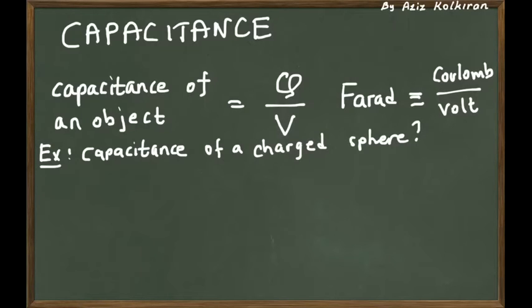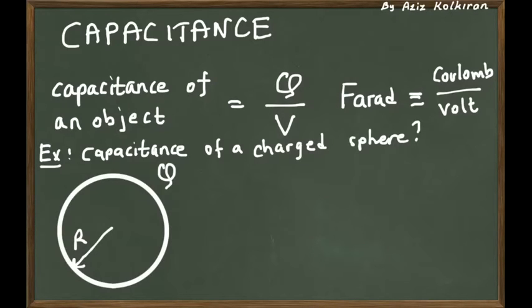Let me calculate then the capacitance of a charged sphere. What is the capacitance of a charged sphere? Again, if it has a charge Q and its radius is R, whether this sphere is a solid sphere or a shell doesn't matter, because the shell and the solid sphere both have the same potential, right?